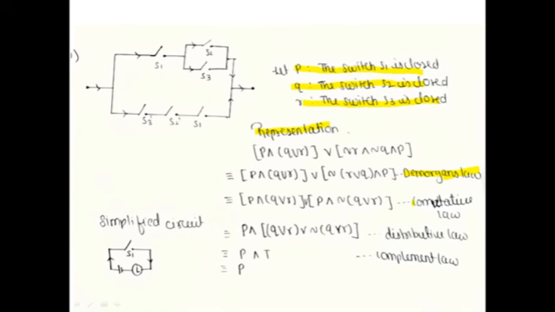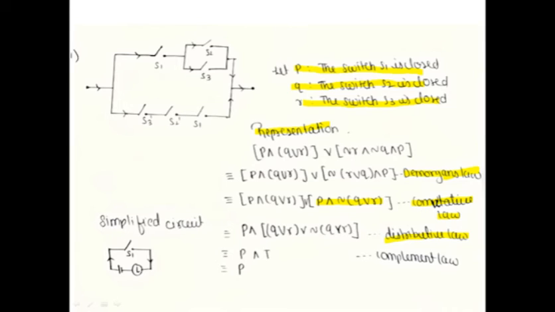Next, we have used the commutative law. The statement will remain as it is. P and Q or R, or P, and we have taken P in the front and this at the back. We have done this arrangement, so it is called the commutative law. Next, we are using the distributive law.